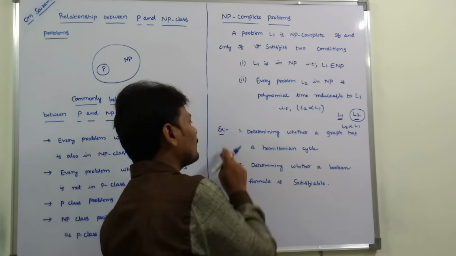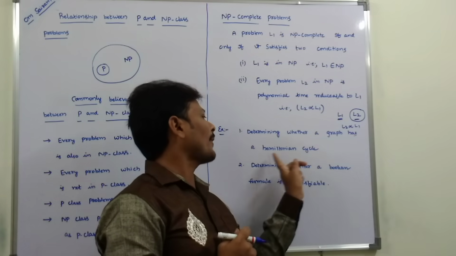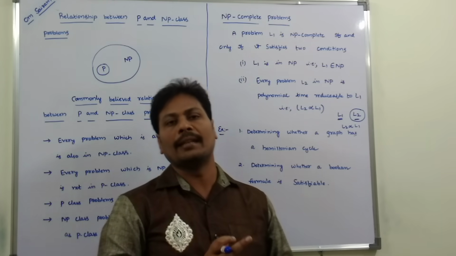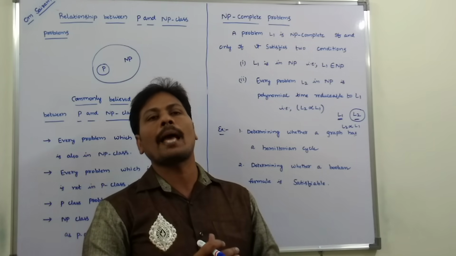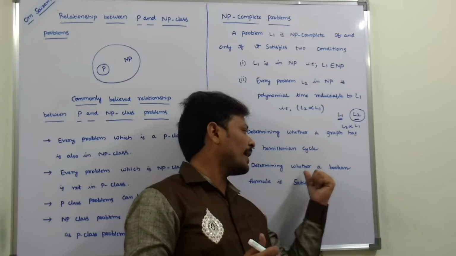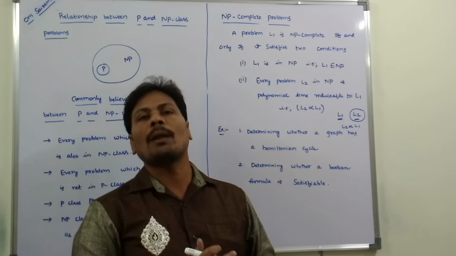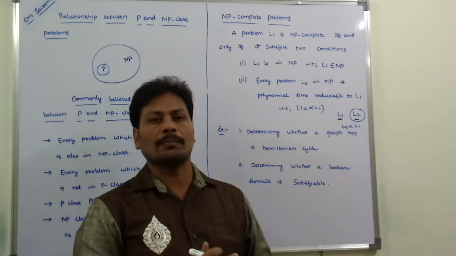Examples for NP complete problems are determining whether a graph has a Hamiltonian cycle, that is the Hamiltonian cycle problem, and determining whether a Boolean formula is satisfiable, that is the satisfiability problem. Okay.